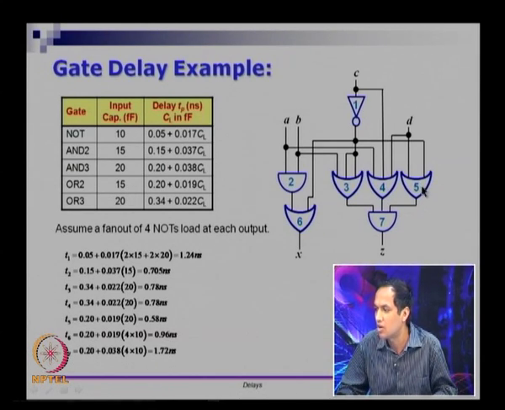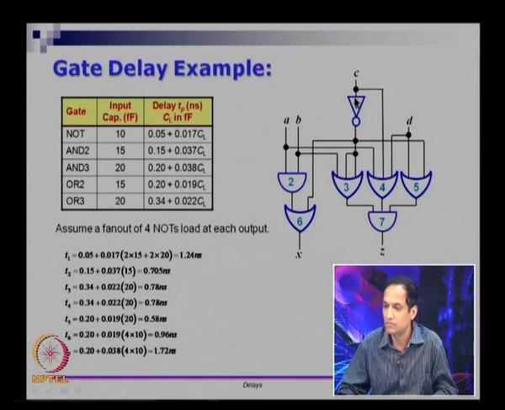Similarly, this OR gate 5 is also a 2 input OR gate that gives another 15. So 0.05 plus 0.017 into 2 times 15 plus 2 times 20 is 1.24 nanoseconds. So that is the delay of the inverter T1.